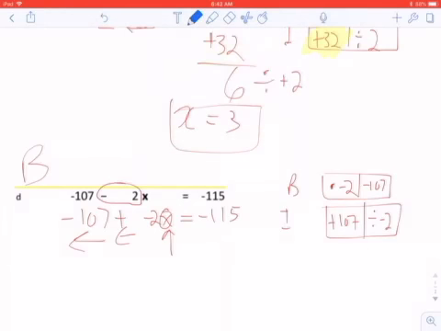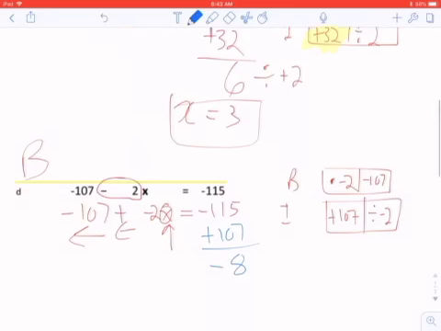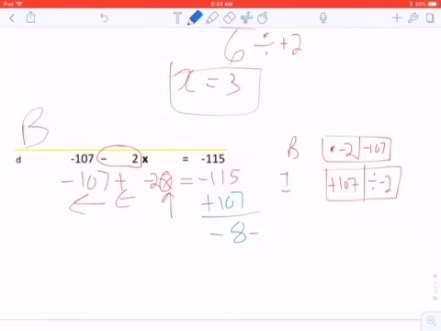So I need to add 107, and that's going to be equal to negative 8. Negative 8, now I divide by negative 2. Negative 2 goes into negative 8 4 times.